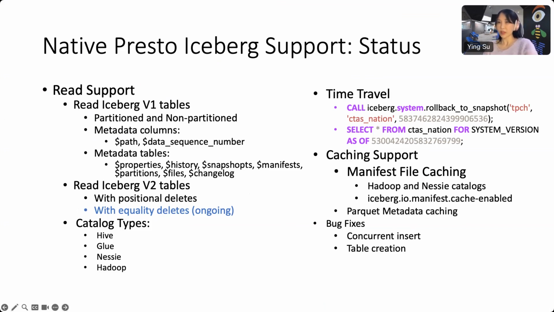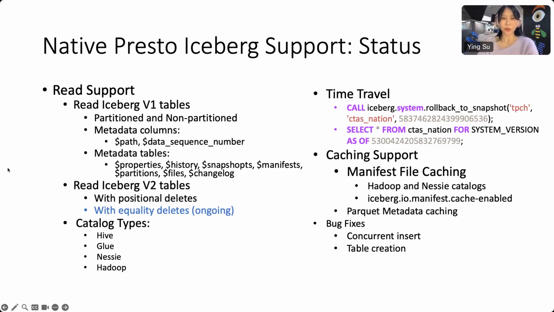And we have already supported time travel. So users can directly call the system function rollback to snapshot, or the select query with the as of clause, inputting a snapshot ID or a timestamp.